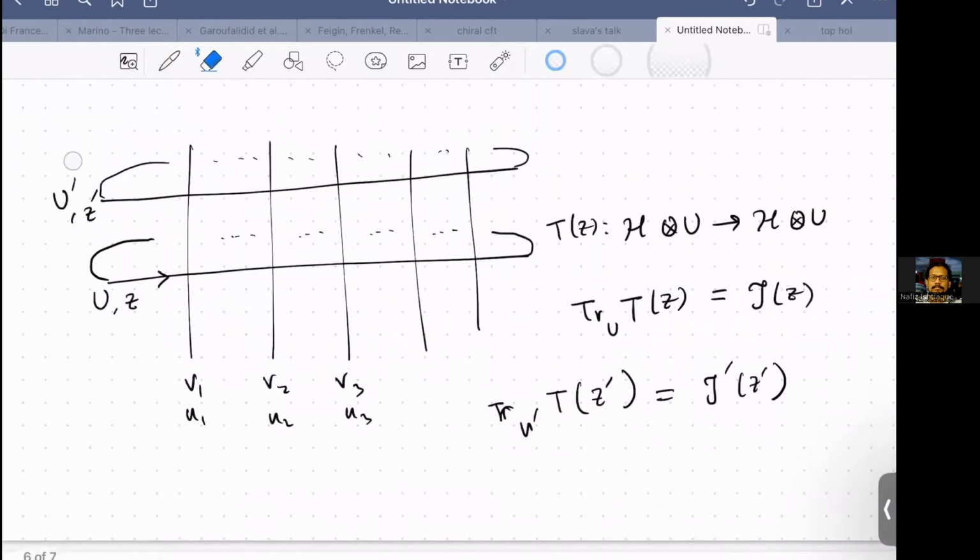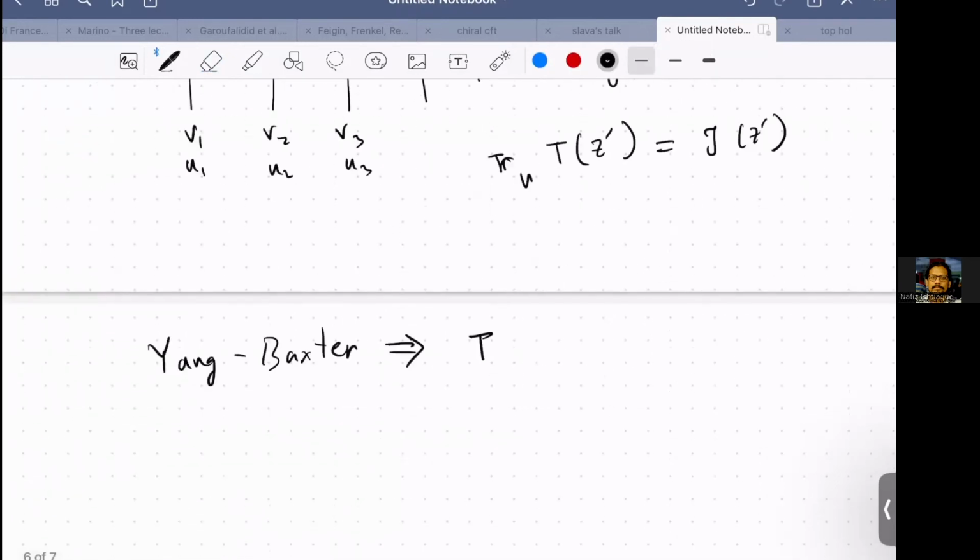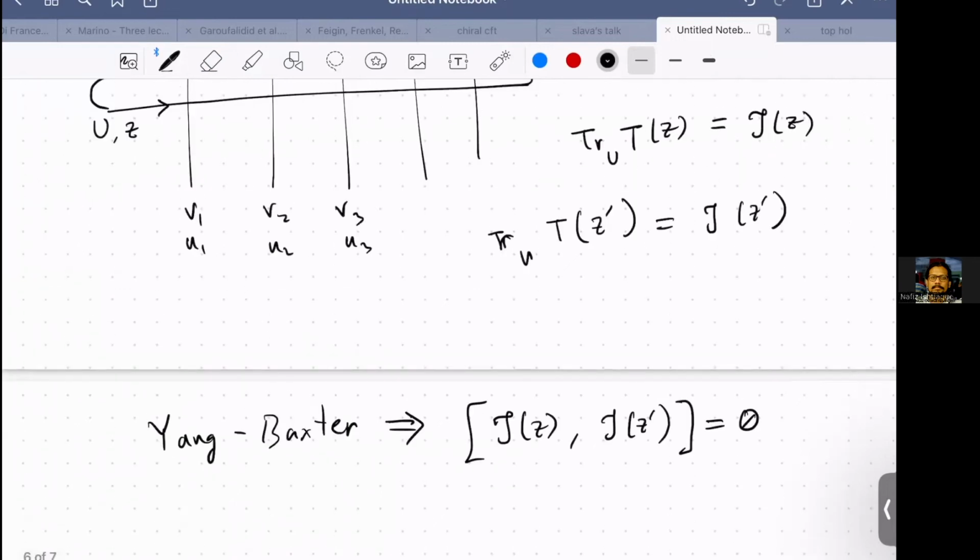Actually, for simplicity, I'm going to take both to be the same U so that I don't have to write T prime. But Z prime is fine. Okay, so then the claim is that T at Z commutes with T at Z prime for arbitrary values of Z and Z prime.